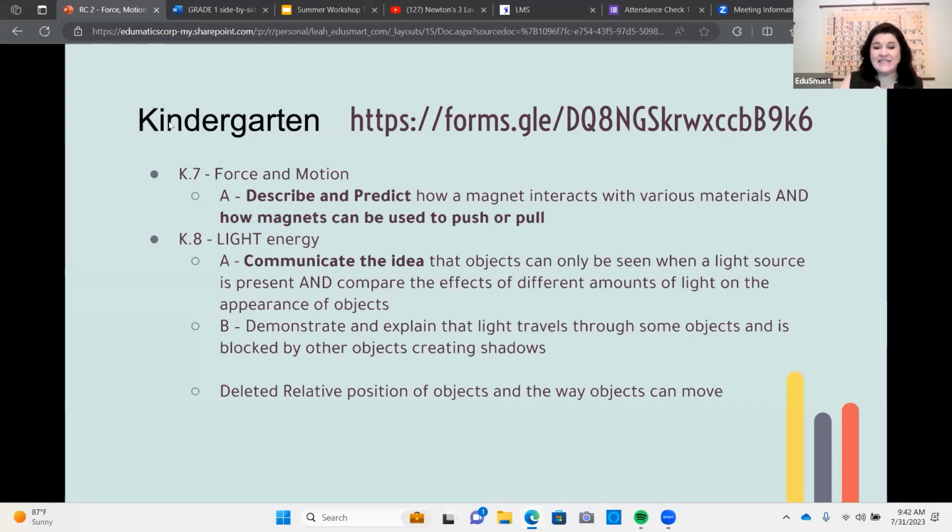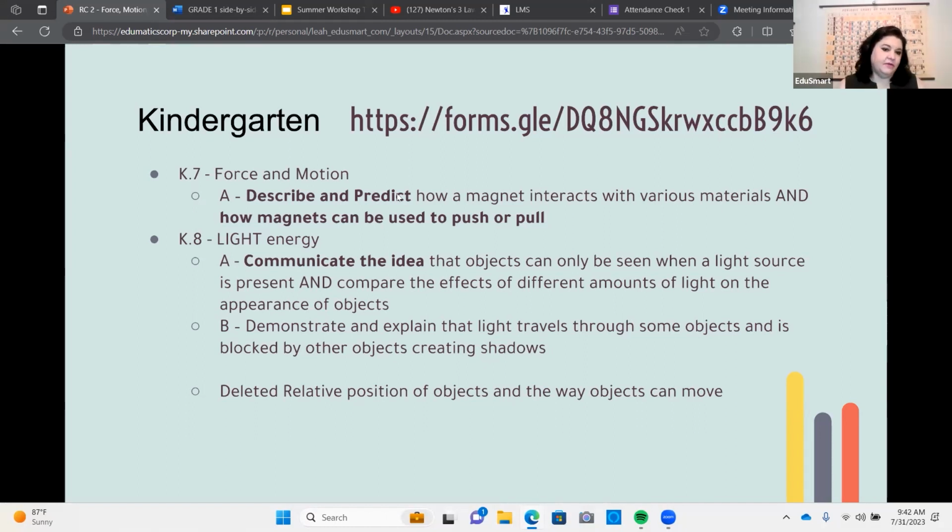So describe and predict, notice the word predict, obviously a higher level of rigor already, how a magnet interacts with various materials and how magnets can be used to push or pull. We're not talking about magnetic forces yet, but we are getting them the idea that magnets cause a force, even if you don't use the word force. So magnets are used to push or pull things.